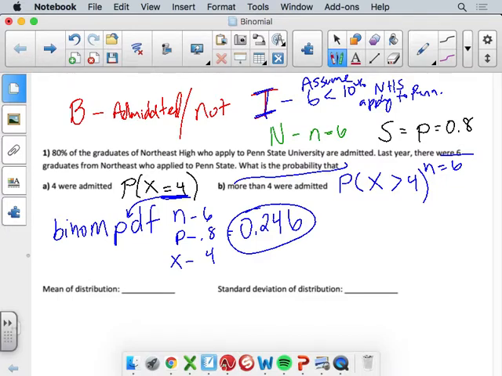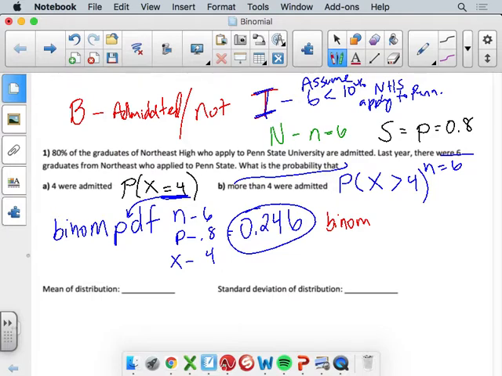What's the probability that more than 4 were admitted? That's basically saying what's the probability that 5 or 6 were admitted. So we're looking for a range. We've already proven that we're in the binomial universe by showing this.